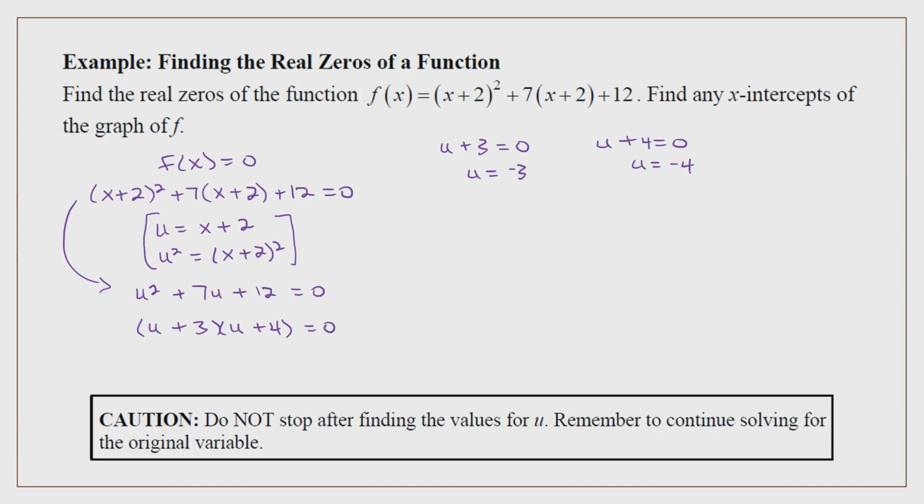Now that I know what u is, I can take both of these two values and plug them back in to my u equation to find x. So remember, let me star that for you: u equals x plus 2. So since u equals x plus 2, I can take -3 equals x plus 2. Actually, let me rewrite it the other way so that x is on the right-hand side.